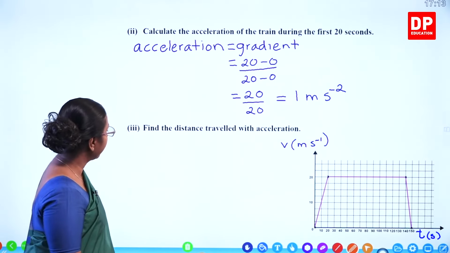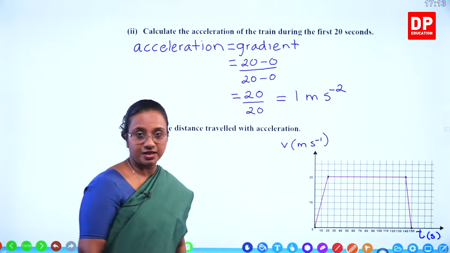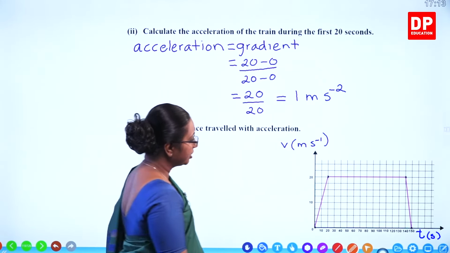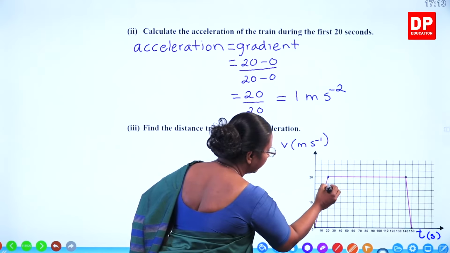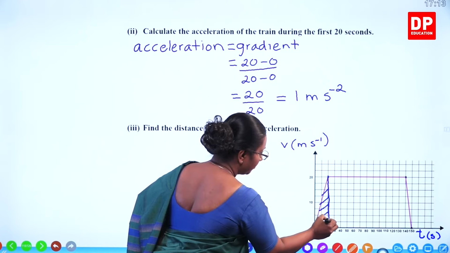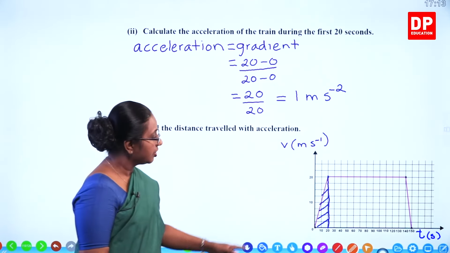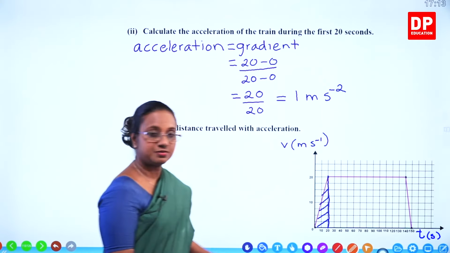Look at the next part. Find the distance travelled with acceleration. So, here we need to calculate the area of this graph, that is the part of the motion where the train travelled with acceleration. So, here the shape is a triangle.